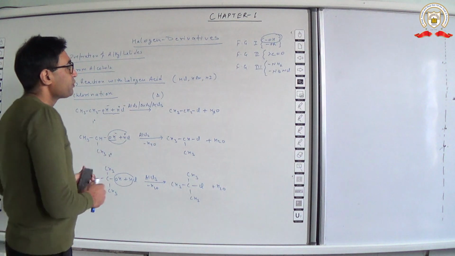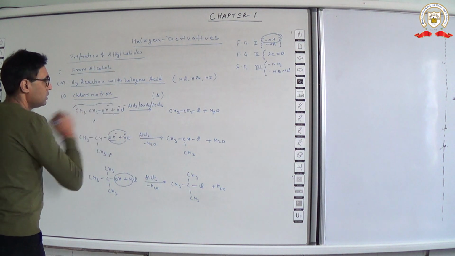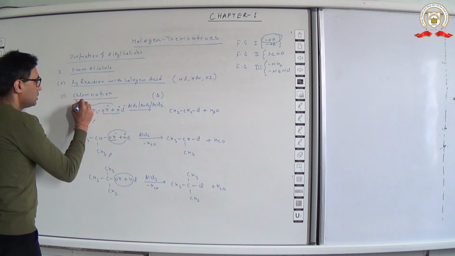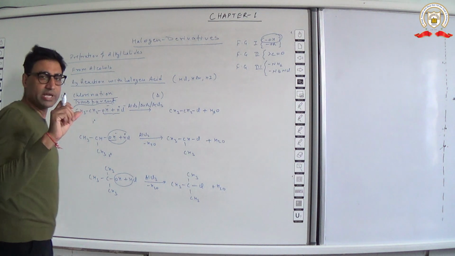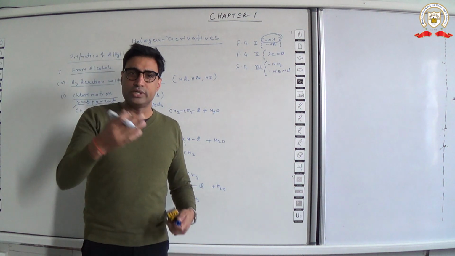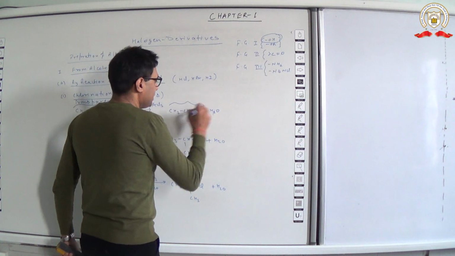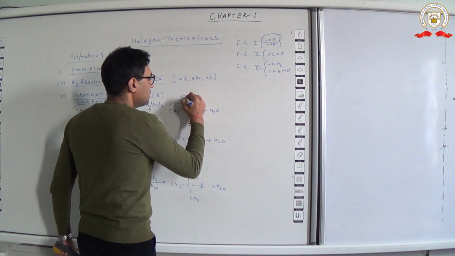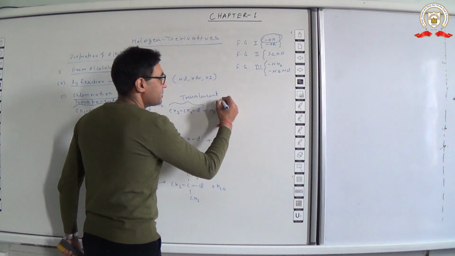See, as far as alcohols are concerned, they are transparent. So if you take an alcohol in a test tube, you can see through it because it is transparent. But alkyl chlorides are translucent; they are turbid.